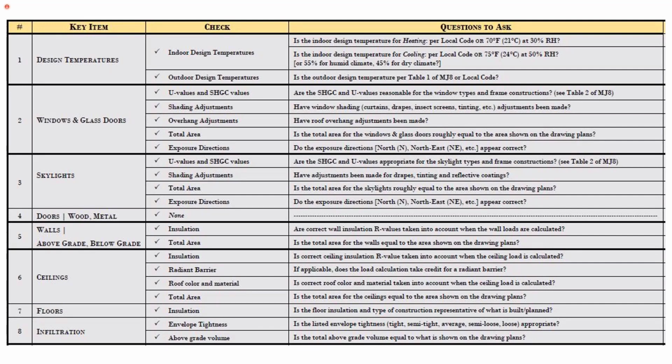There's a lot of tools available out there in the market to either do a full-on Manual J load calculation, or again, as it calls out in the code, another approved methodology. And these are not major investments.